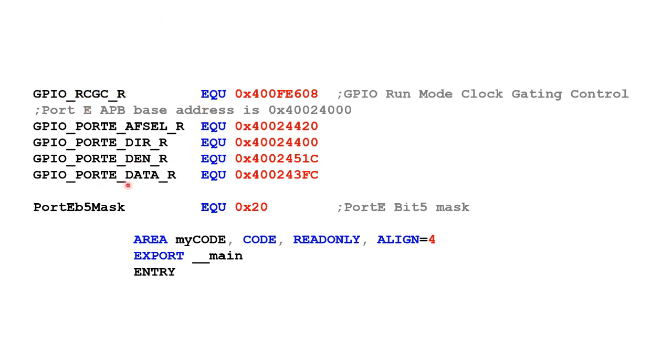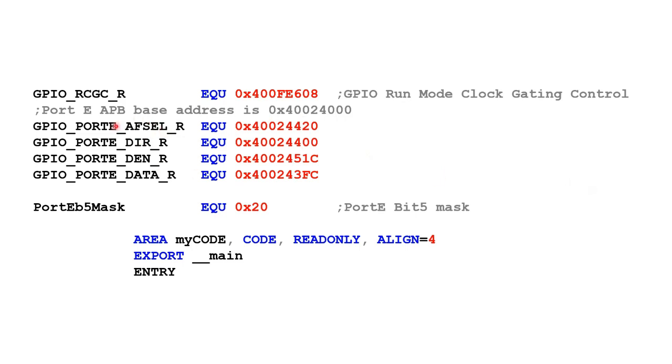Like I mentioned earlier, we're using port E for this program. The APB, or Advanced Peripheral Bus, base address for port E is 40024000 hexa.